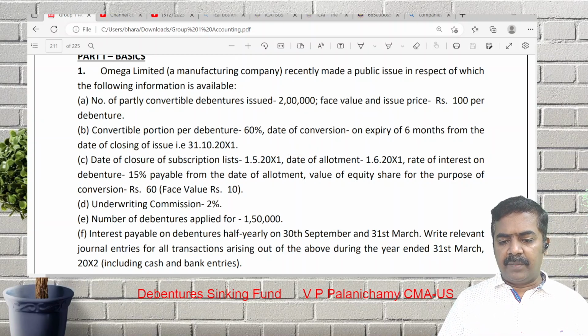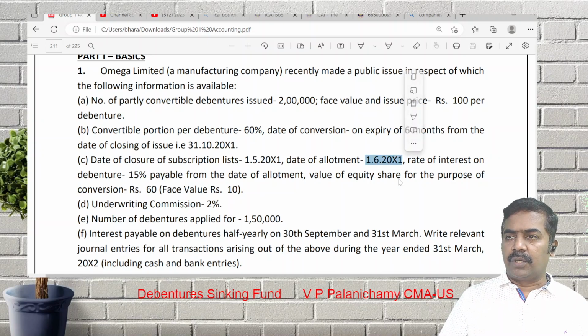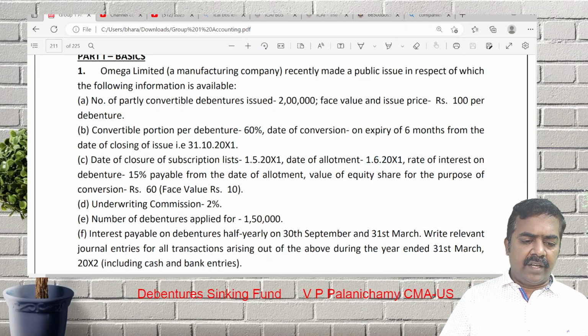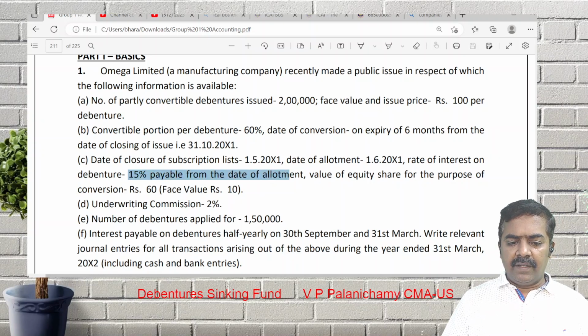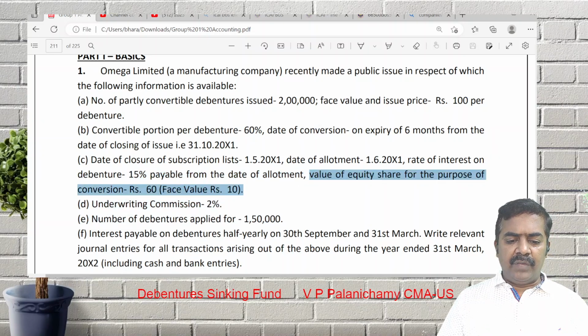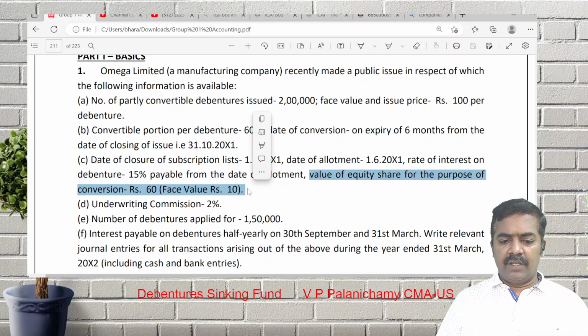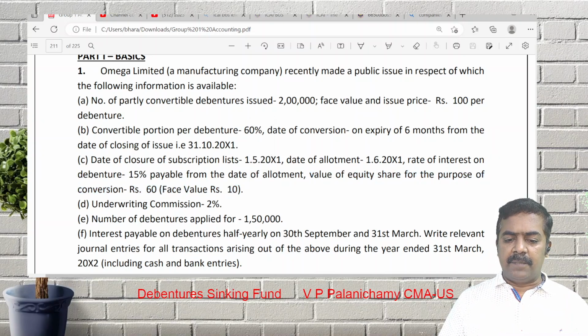Date of allotment of debentures is 1/6/2011. Rate of interest on debentures: 15% payable from the date of allotment. Value of equity shares for the purpose of conversion: 60 rupees. Those opting for conversion, the 60%, will be converted into equity shares at the value of 60.